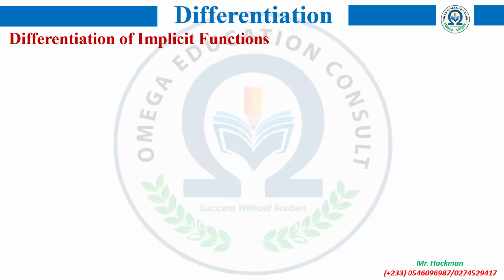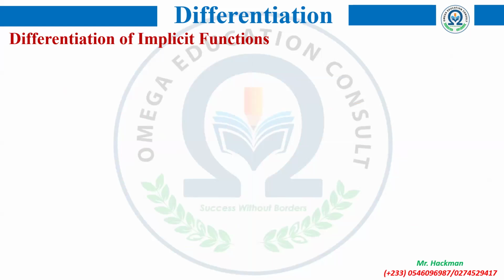Now, differentiation of implicit functions. So far, you realize that all the functions that we have differentiated were given as y is equal to something, so y was explicit. So y is equal to x, y is equal to x squared plus any constant. But please take note, it is not always that you'll be given functions of that nature.